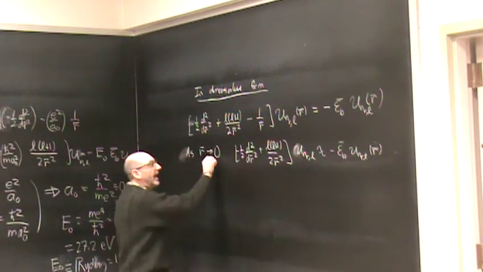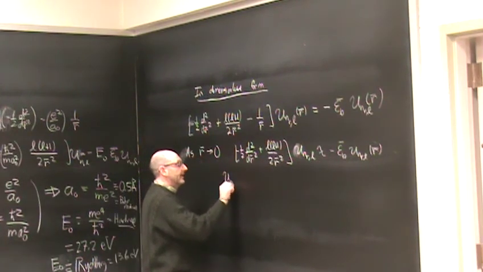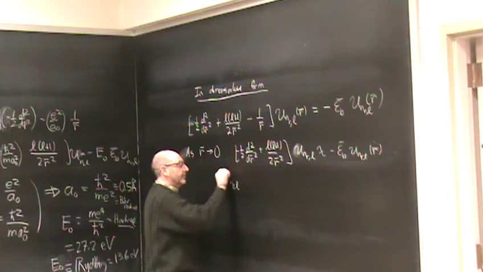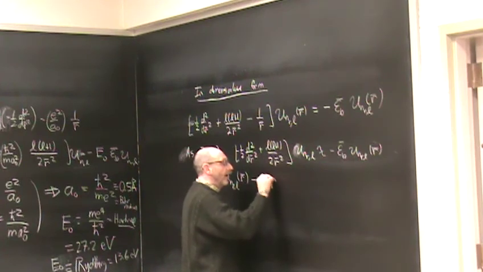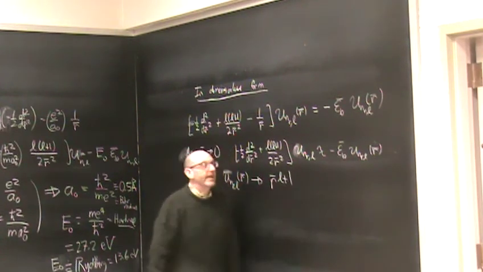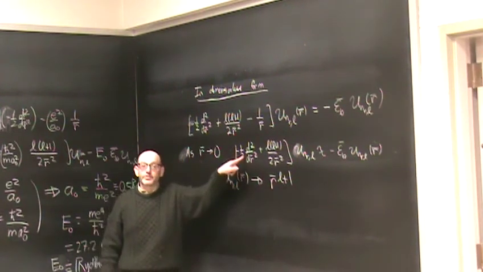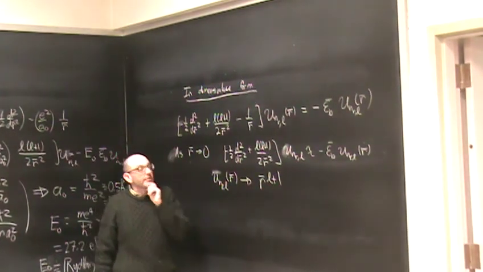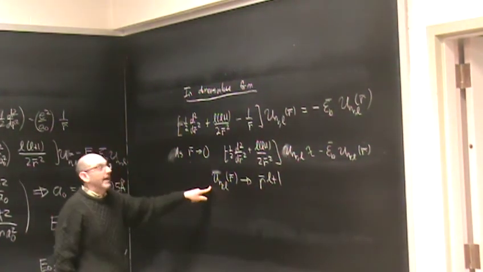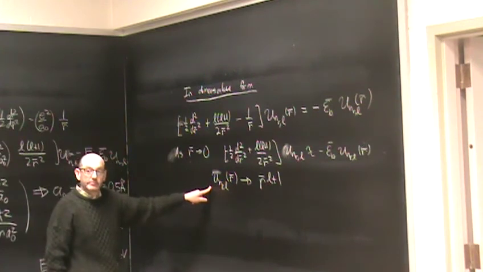And so, asymptotically, it must be the case that for a given value of L, as we showed, the term that doesn't blow up has to go like r to the L plus 1. That is a solution to this equation that doesn't blow up. So we have that behavior.